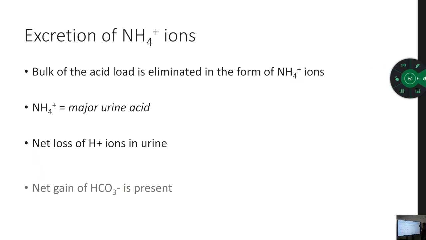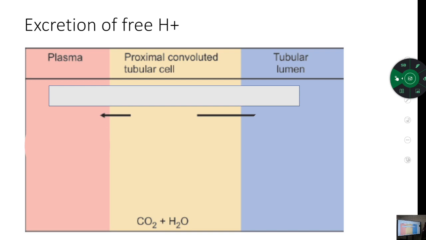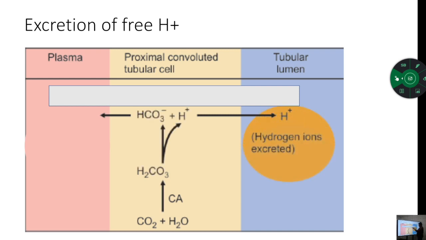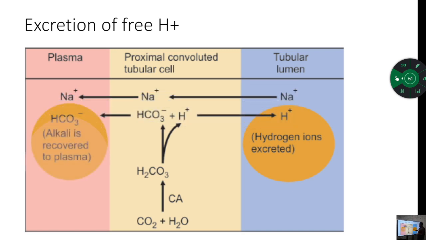Now moving on to the last strategy. This happens in a very negligible amount when compared to the other three strategies. Again, the same reactions happen. There's no change. The first reaction would be this, then splitting of these into these two, and we have H plus crossing this side, sodium crossing that side, and bicarbonate being recovered in the plasma, and H plus is excreted freely.